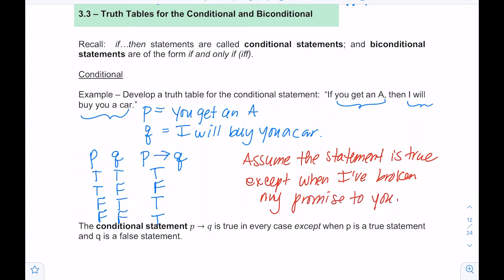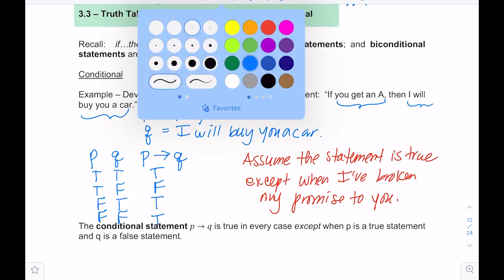And again, you didn't get an A, and I didn't buy you a car. So I did fulfill my promise, which is why the last one is true.